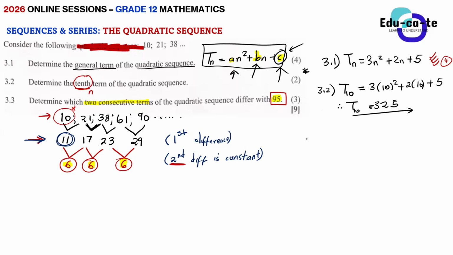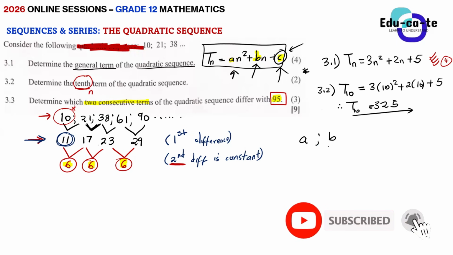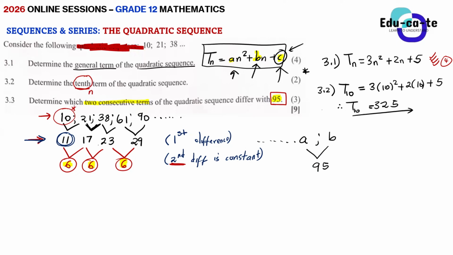We have got two numbers that are following each other. They are consecutive, A and B, and the difference between them is 95. And these numbers are part of this quadratic sequence that we have. So what is A and B? That's the question.